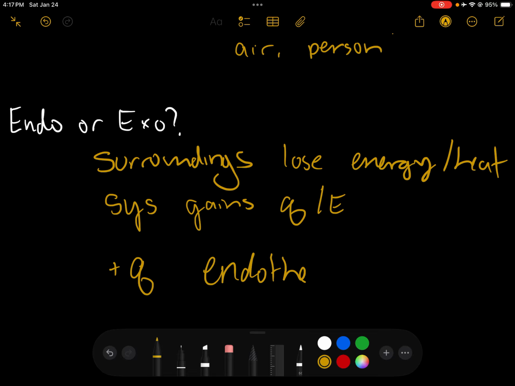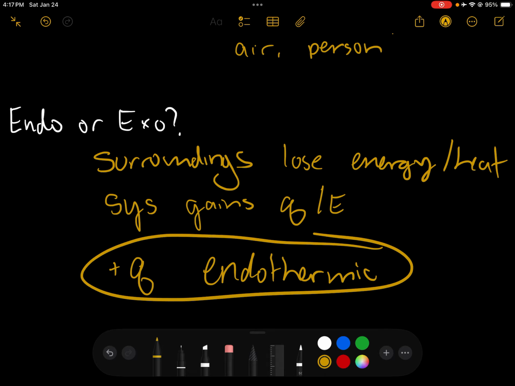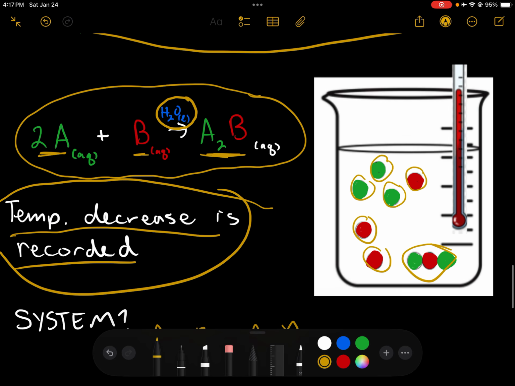endothermic, specifically. If you have trouble identifying what's part of a system, what's part of the surroundings, where is energy going, etc., please ask me about it, because this entire unit is predicated upon your ability to understand where energy is going.